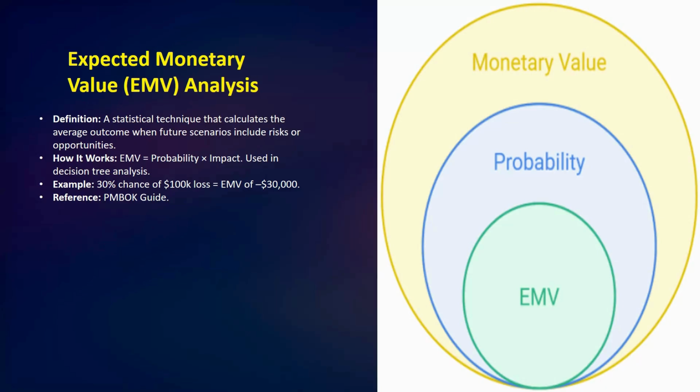Actually, if there is a 30% chance of a 100,000 loss, the EMV is minus 30,000. So this number helps to understand the financial impact of the risk in the long term.